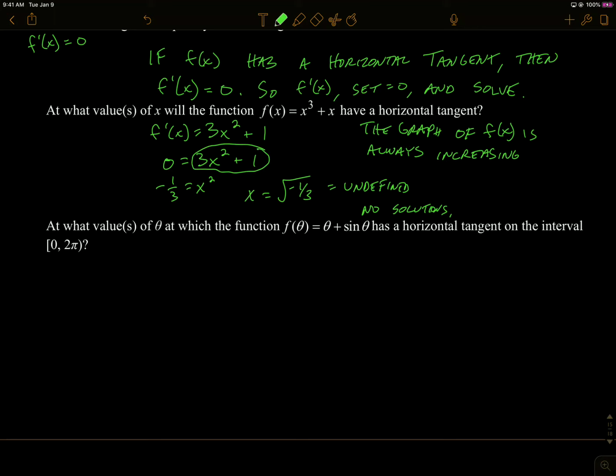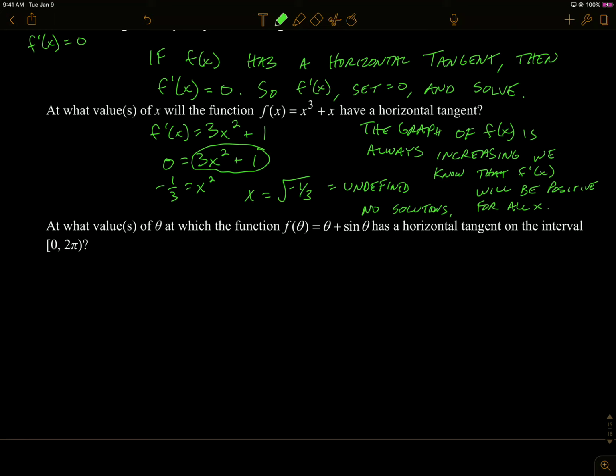No matter what x I plug into it, it will always be positive, right? If I plug in an x, no matter what I get, when I square it, it's positive, times a positive 3 plus 1 is always positive, because we know that f prime of x will be positive for all x. So that's not what the question asked. I just wanted to point that out as well.